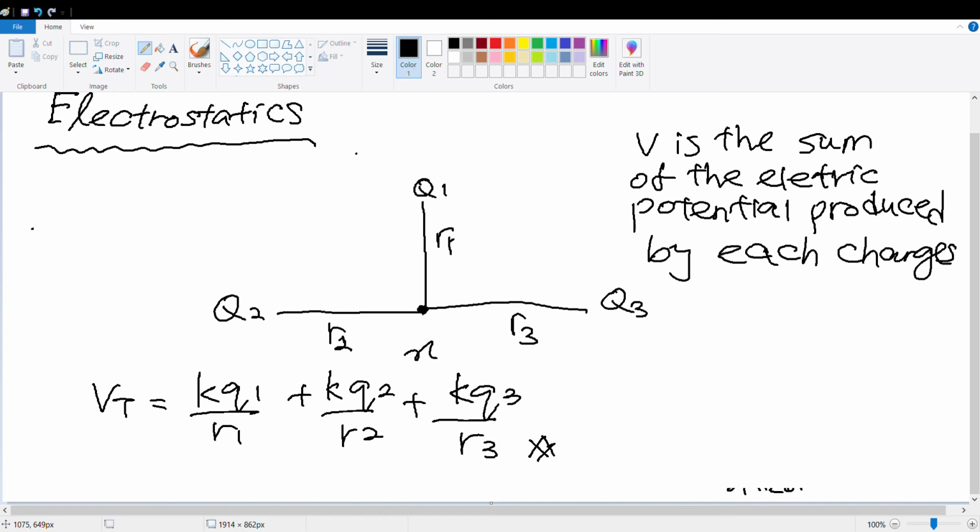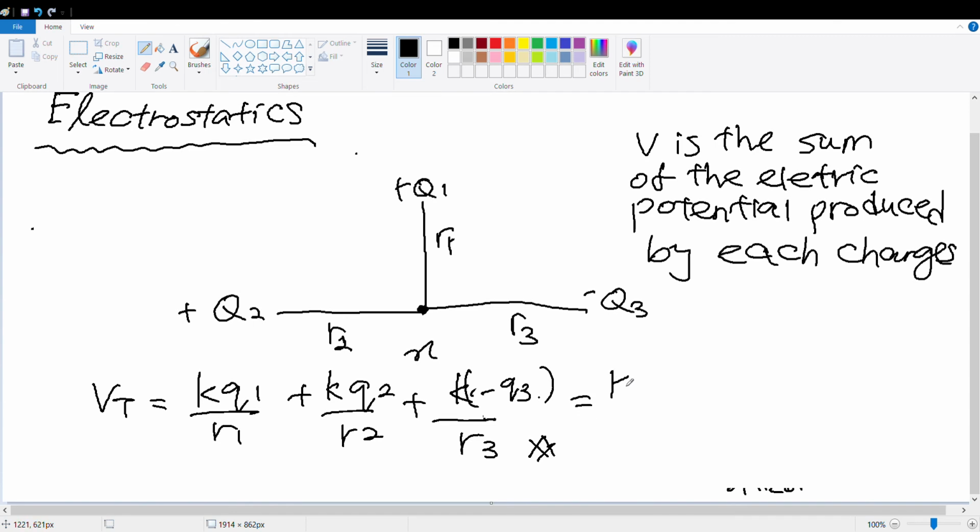Something to be reminded of: let's say Q1 is positive and Q2 is positive, but Q3 is negative. So the negative sign for this Q3 must be included. So it is negative Q3.